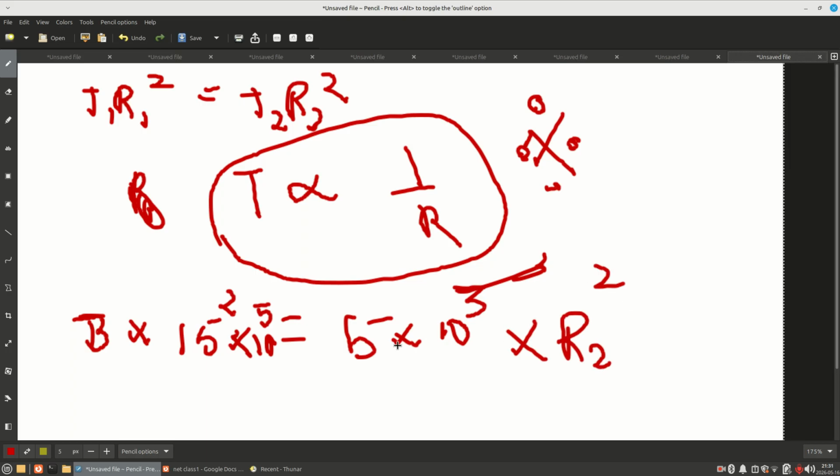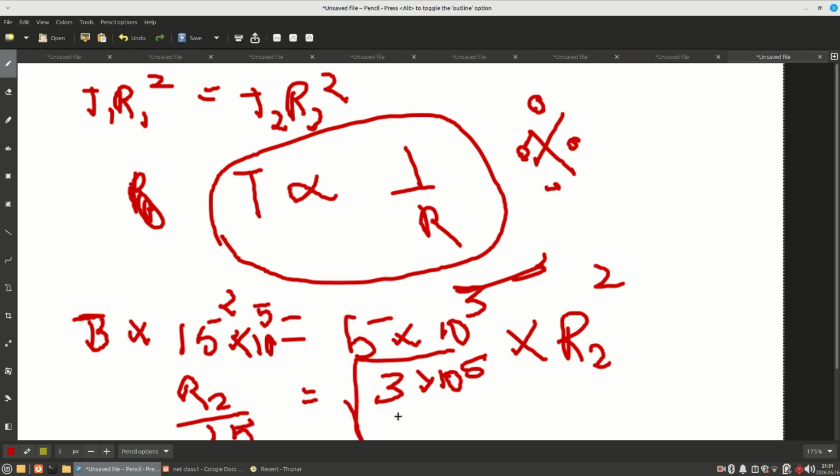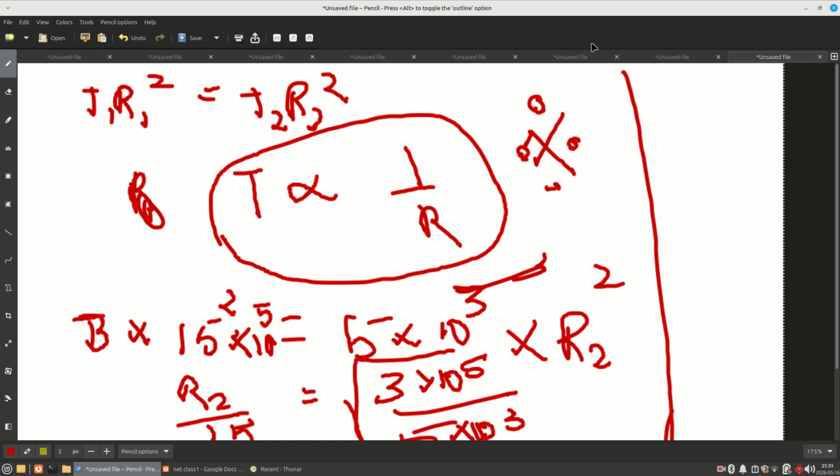Since both sides have squares, we can write R2 by 15 as the square root of 3 into 10 to the power of 5 divided by 5 into 10 to the power of 3. I will explain it here.